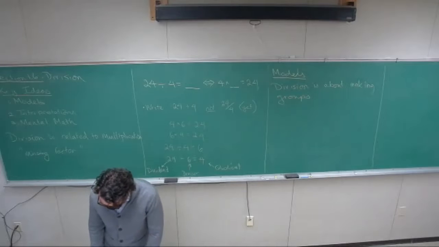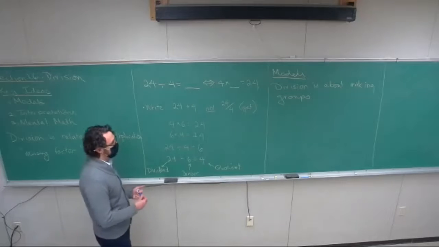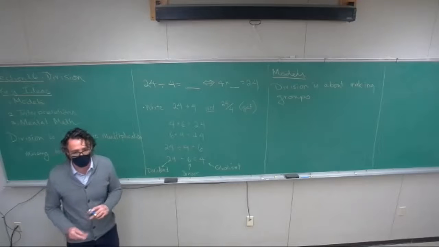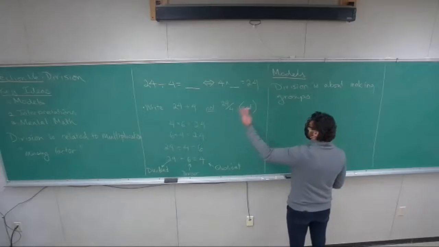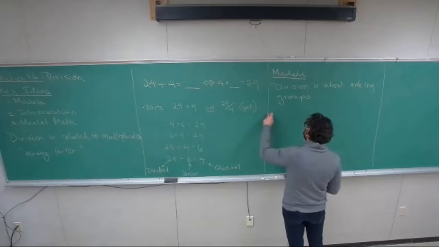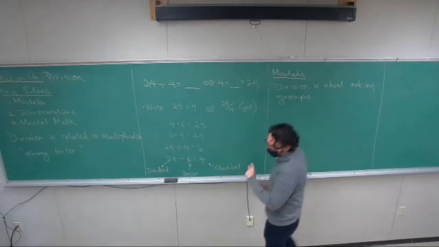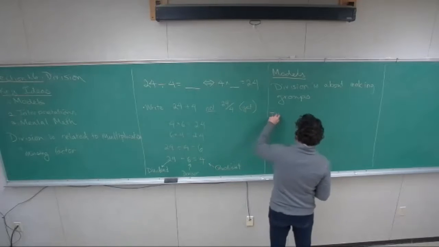Okay, division is about making groups. Now, there are two interpretations of how we're making these groups. Okay, let's just keep going with this thing here. So I'll write the two interpretations down here.